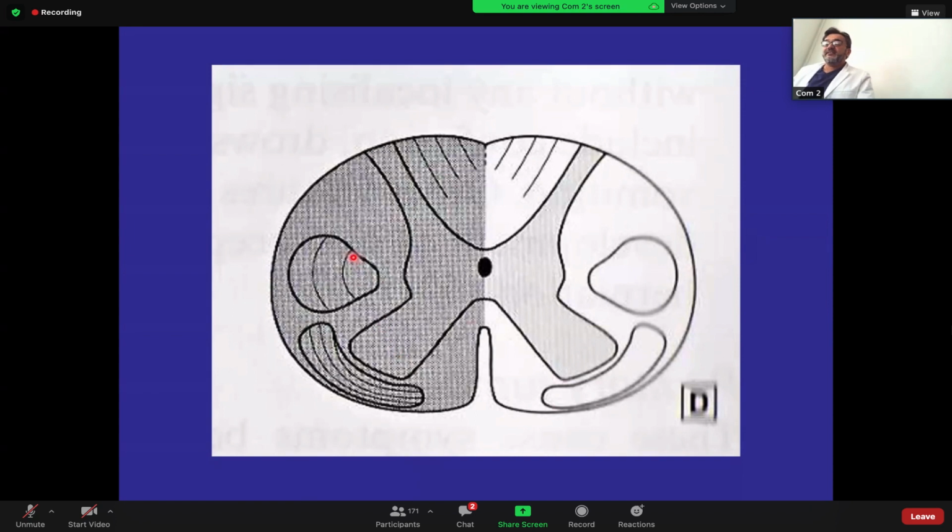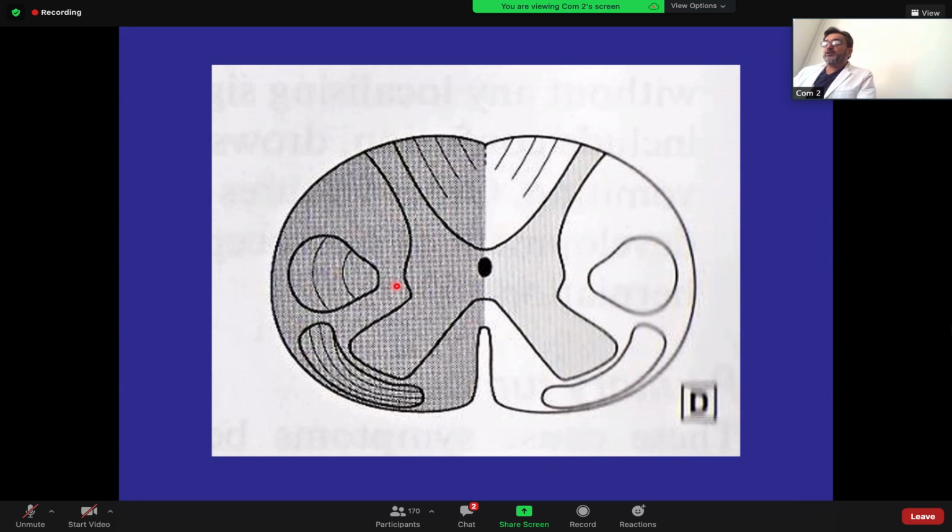Then you are seeing this corticospinal tract. If this corticospinal tract is damaged, it is taking fibers to the segments below. So below C5, like C6, C7, C8, ipsilaterally you would find an upper motor neuron type of lesion. That means hyperreflexia, there would be spastic type of paralysis, so those type of things you are going to find below the level of lesion.